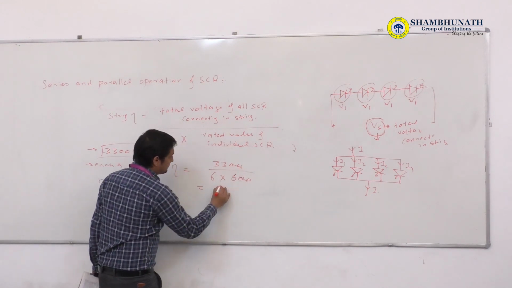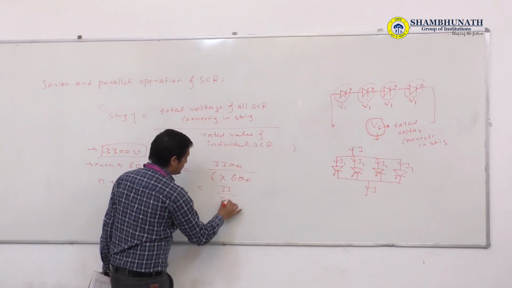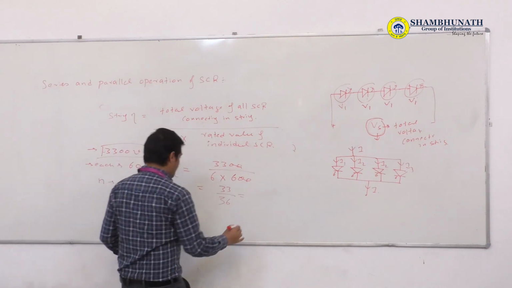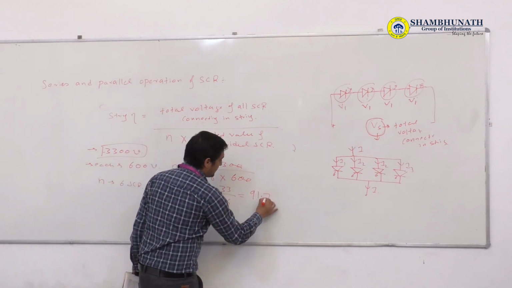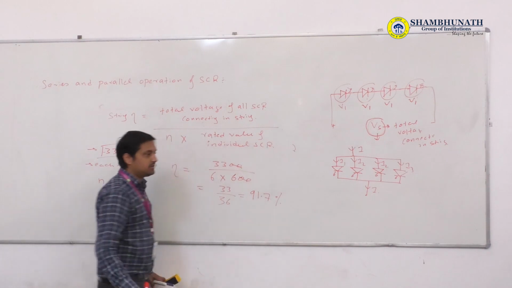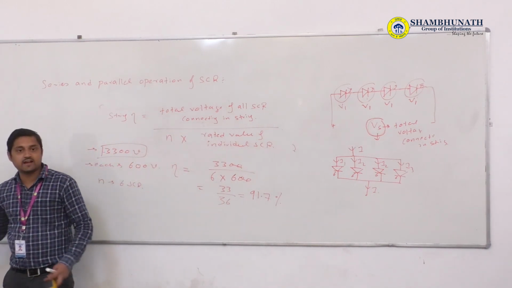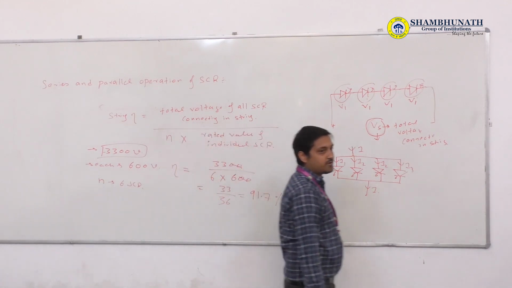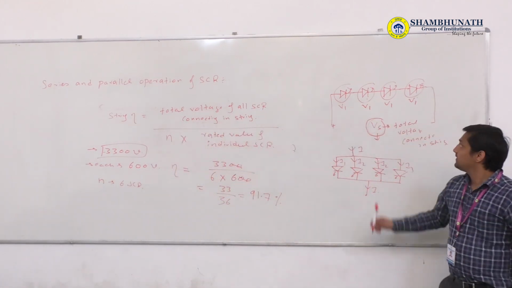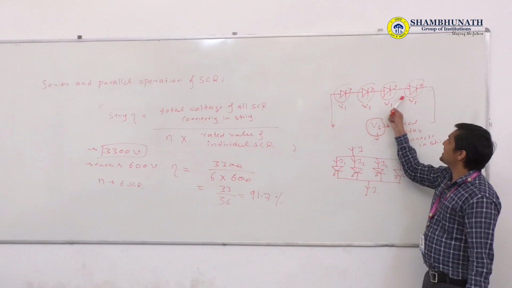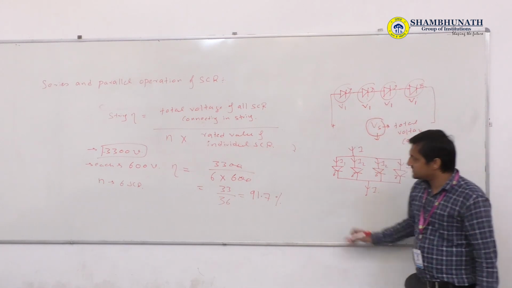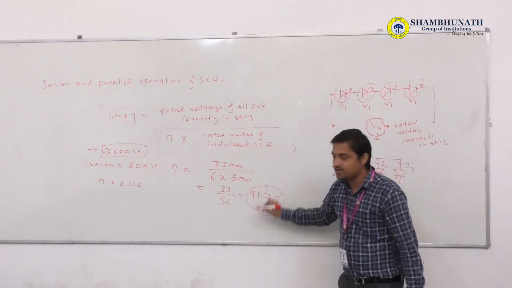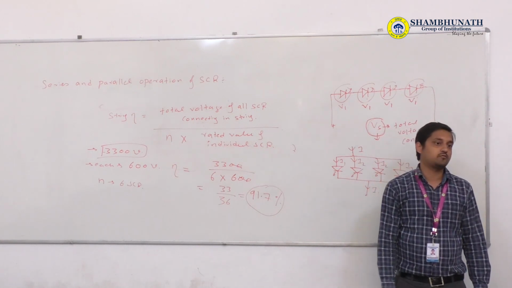Therefore, the efficiency is equal to 33 upon 36, which is approximately 91.7%. What does this 91.7% symbolize? It shows that the individual SCR is operating at 91% of its breakdown voltage.